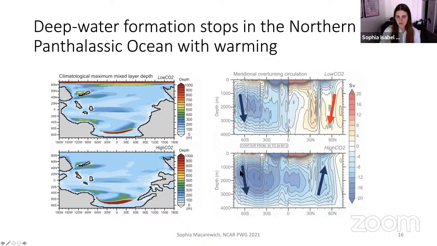In the high CO2 simulation, this branch completes to form one large overturning cell in the Panthalassic Ocean. Whereas in the low CO2 simulation, there's also a relatively weaker descending branch in the northern Panthalassic Ocean. This supports ventilation of deep waters in both hemispheres.